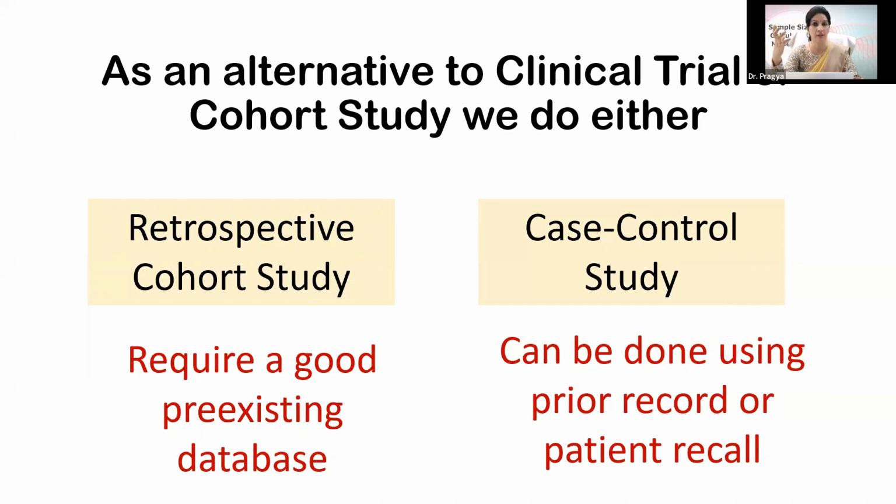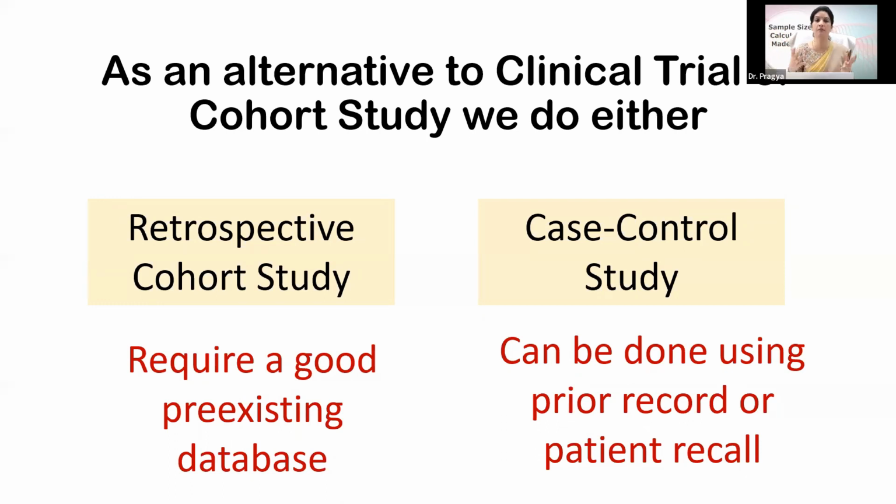But if you have the records for exposure of the controls and cases, then you can reduce this bias also. So again, a good record is needed to have a good retrospective cohort or a case control study, because most of the cases you study will be record based. And for controls, you can have a record based, or you can interview people and select.